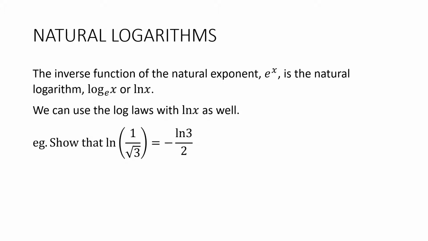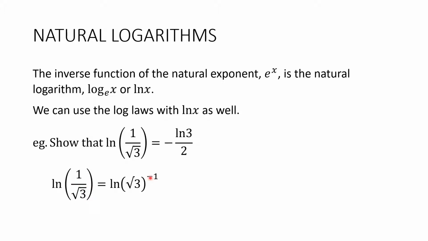Here's an example. Show that ln of 1 divided by root 3 is equal to negative ln 3 divided by 2. When we're trying to show that two expressions are equal, we start with the left-hand side, work it through until we get the right-hand side. So let's start here. Okay, the first thing I can see is that this is 1 over. So that's going to be root 3 to the negative 1.